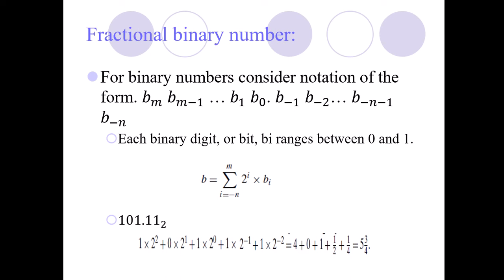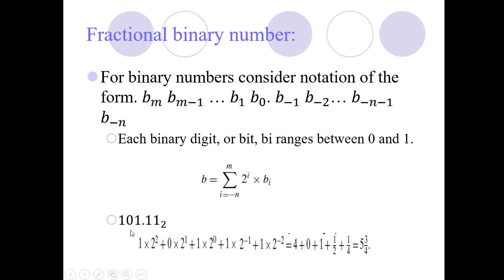if you look at the bits on the left side of the point, then you will find 3 bits. So this one will be considered as 0, this one will be considered as 1, this one will be considered as 2.